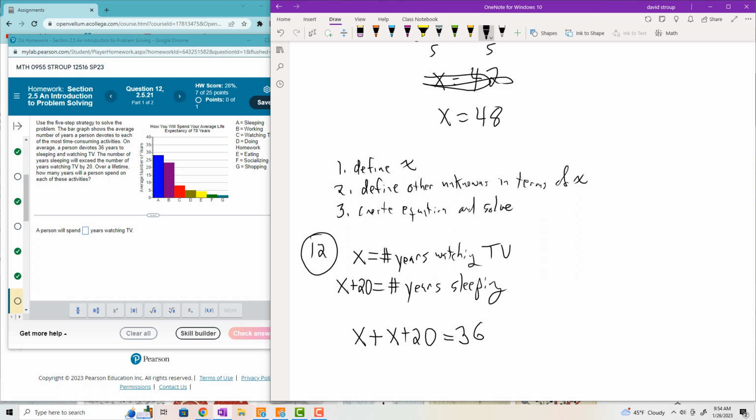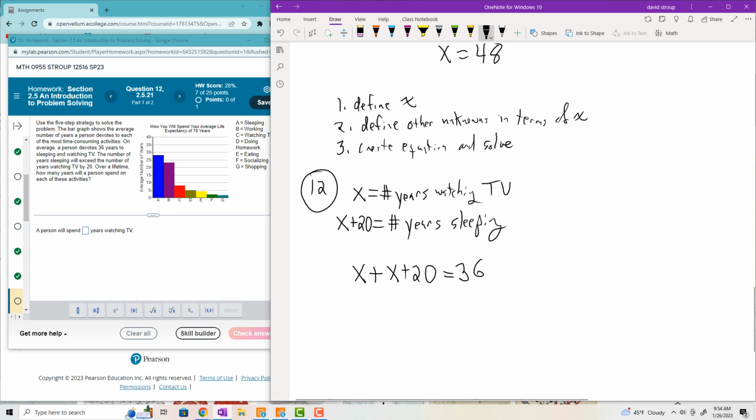And that becomes your equation, and you can solve that then. So you'll have 2x plus 20 equals 36. And then we can move the 20 over. And then we could divide both sides by 2. Okay. So 8 is the number of years watching TV.